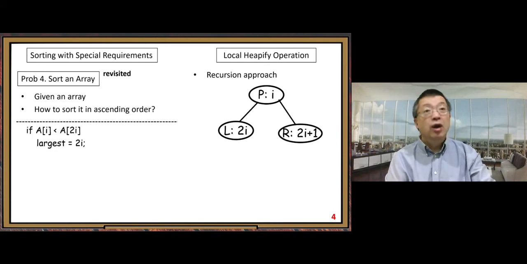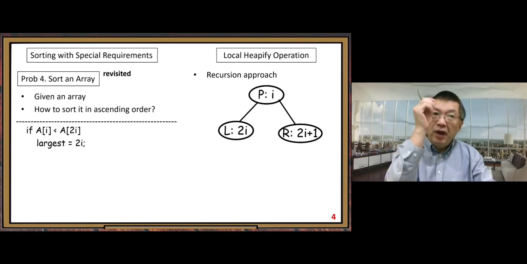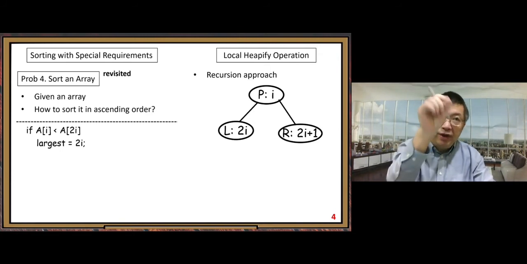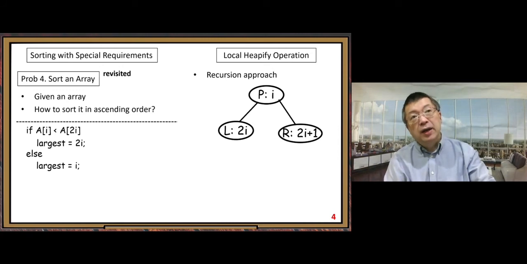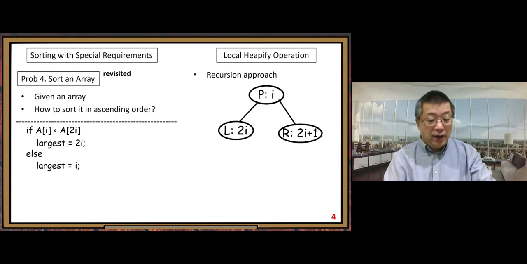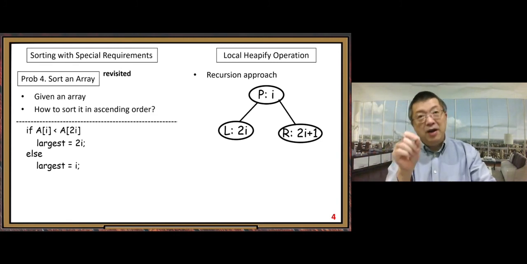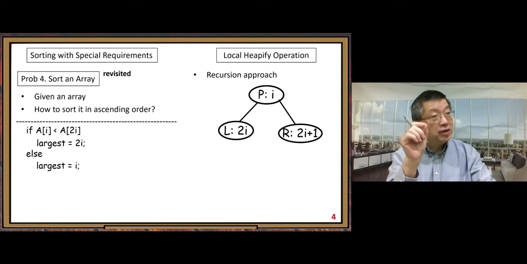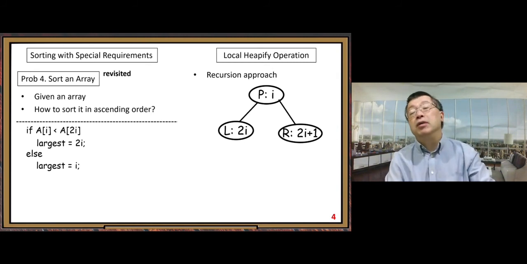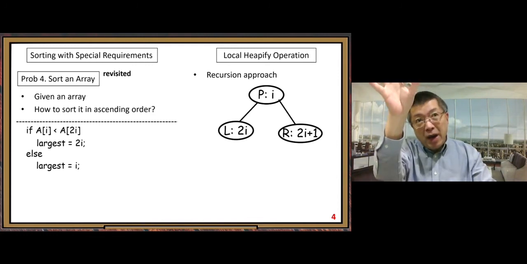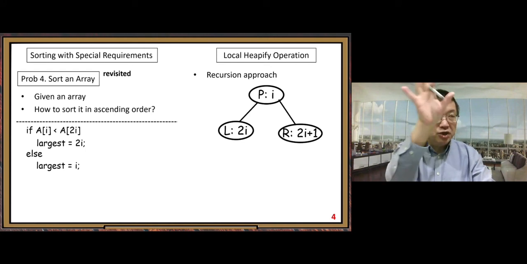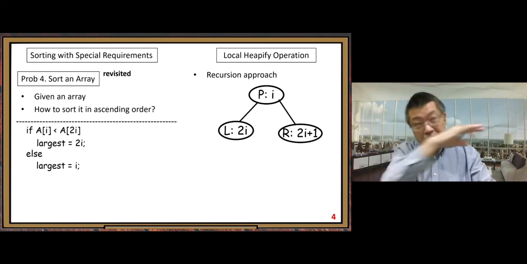We want to use this variable to store the index of the largest value of the 3 nodes. Else, if A of I is greater than or equal to A of 2I, then we store the I index, the parent, in the largest variable. That's the first part. We only check the parent and left child relationship.